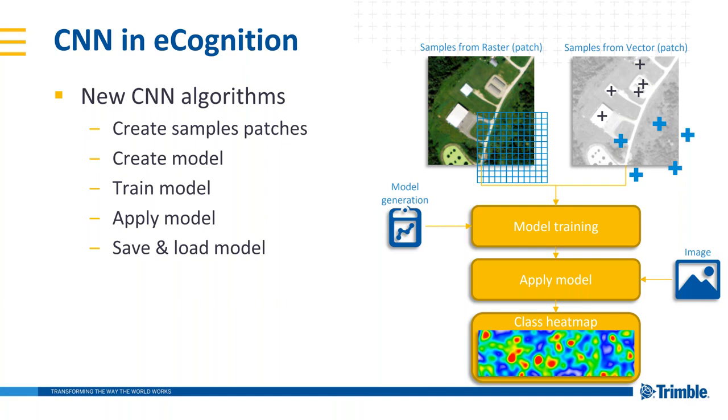So it's a wonderful integration of the CNN techniques with our existing strength in object-based change detection, and of course the automation that is available by creating and integrating everything into a rule set within eCognition. Finally, once we have these trained models, we can save them outside of eCognition and load them back into other projects, to transfer the model to other project environments within eCognition.